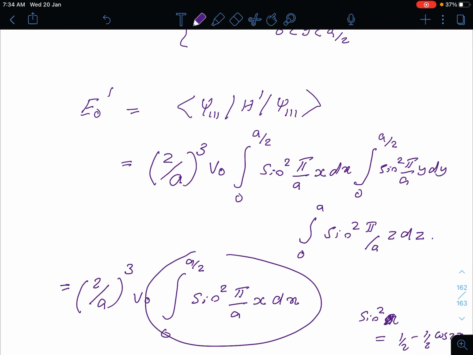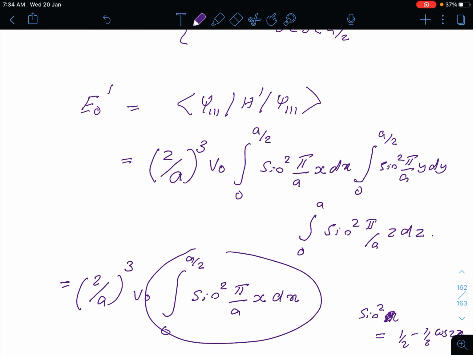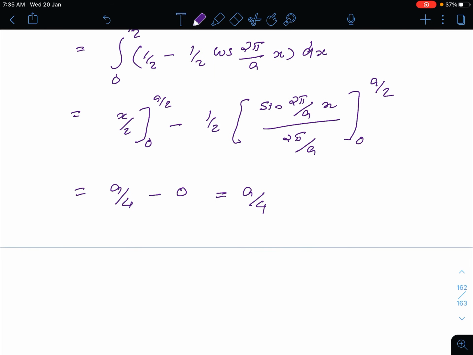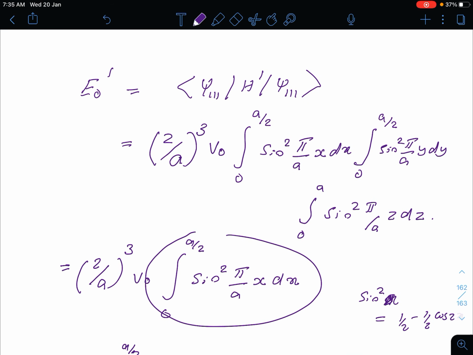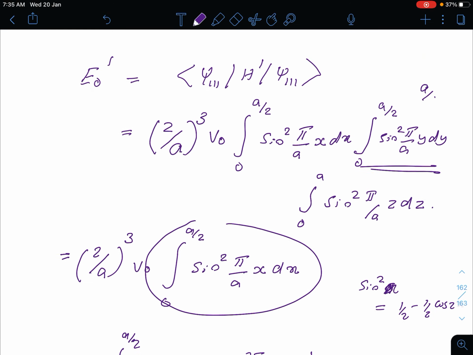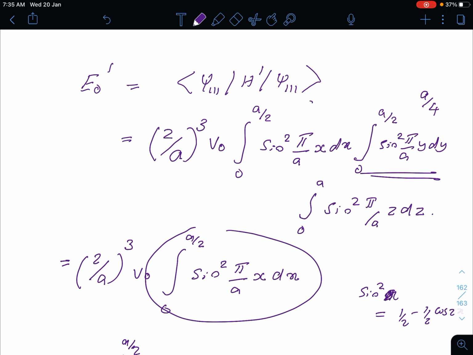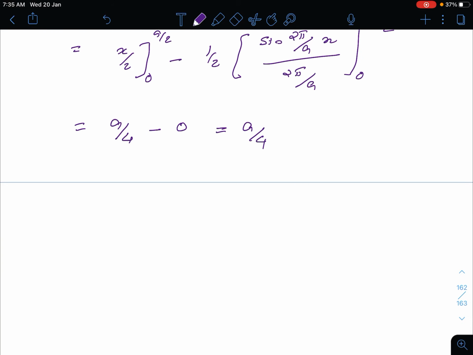The second integral is the same as this, so that also gives a/4. This is a/4, this is a/4, but here the upper limit is a, so that division by 2 will be missing, so this would be a/2.